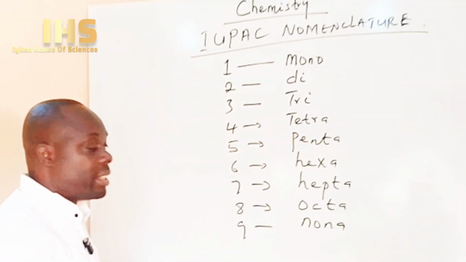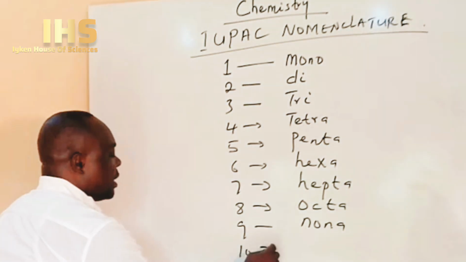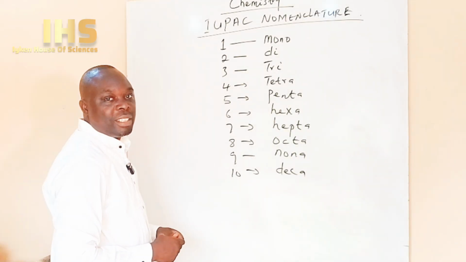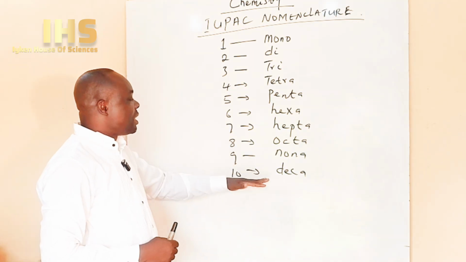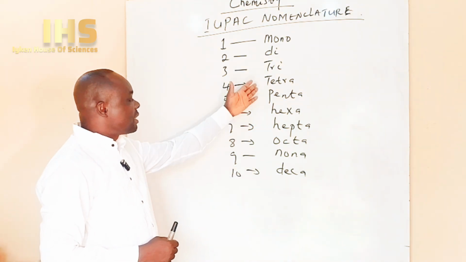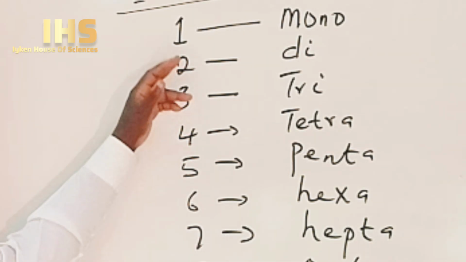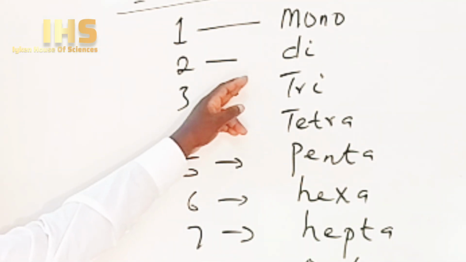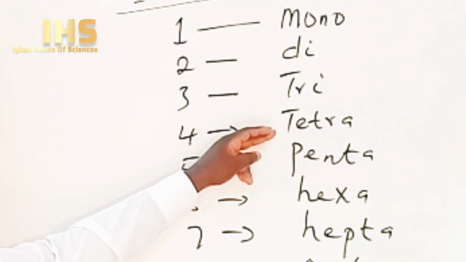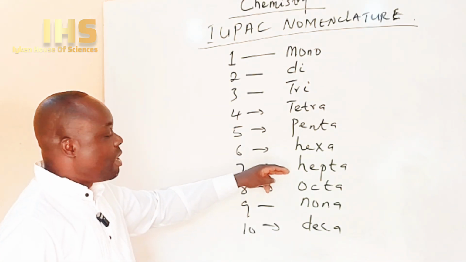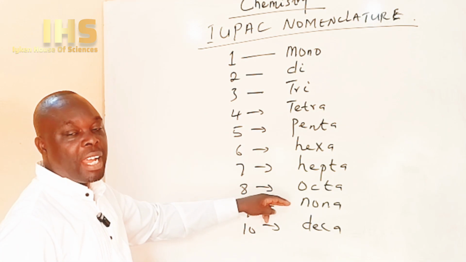Ten is deca. This is the way we use these in naming things in chemistry: mono, di, tri, tetra, penta, hexa, hepta, octa, nona, deca.